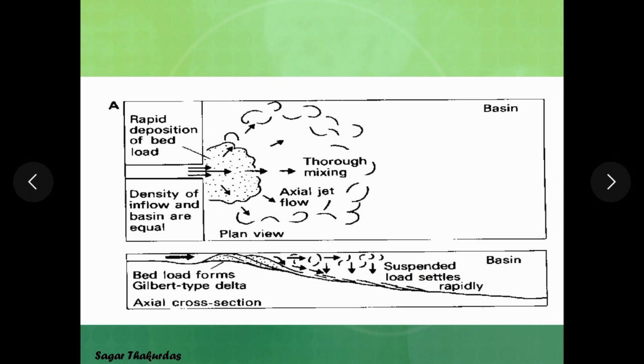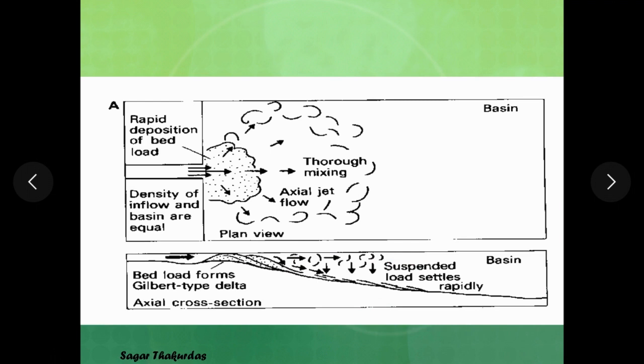So Gilbert type of delta is the one where you get to see an ideal delta structure, the bottom set, foreset and top set, and foreset dip at high angle. So that is the situation which you can see here. Here you can see there will be thorough mixing or three-dimensional mixing of the sediments carried by the river.